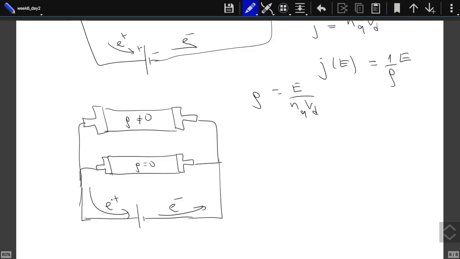They just randomly move around. They just jump here and there. And the one that reaches here crosses this one immediately. So there's almost none passing through this one. Well, this is the easiest explanation that I can come up with for why all the electrons move through the zero resistance one.